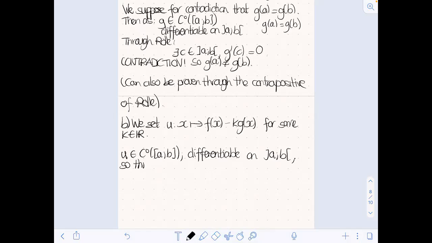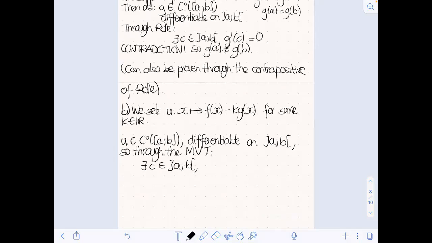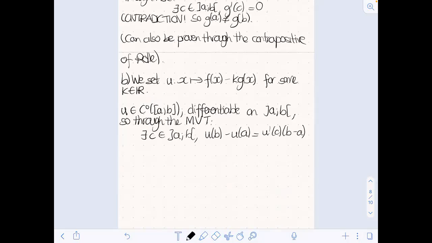So through the mean value theorem, there exists C in AB such that u of b minus u of a is equal to u prime of c times b minus a. That's the mean value theorem for this new function u.